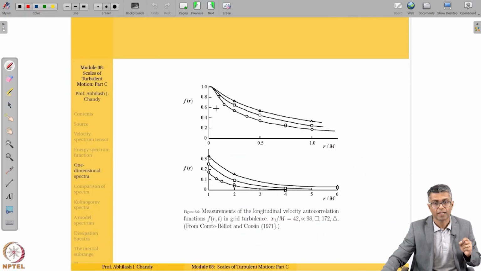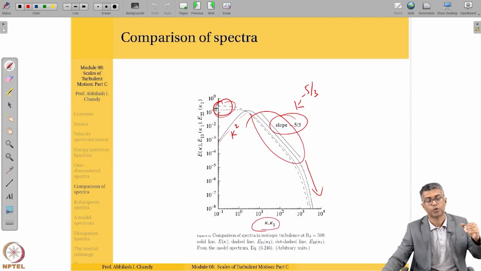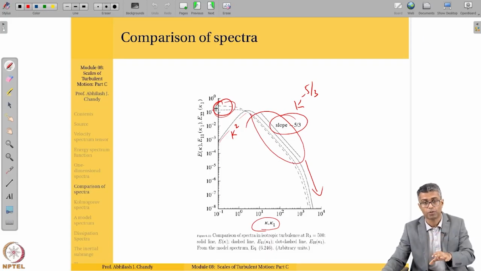So what we have done in this class is start to look at the 1D spectra. We got some equations for those, looked at what ratios they have relative to each other, and plotted them based on the model spectra. Now I know I haven't dealt with the model spectra yet, but consider E of kappa, E11 of kappa 1 and E22 of kappa 1 behaving in this form.